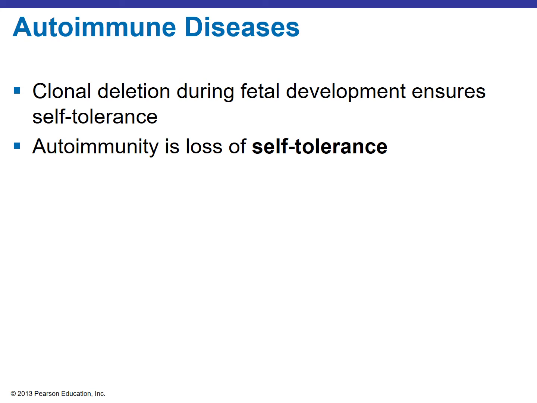Okay, so to ensure that you would have self-tolerance. But when self-tolerance is lost, you can have autoimmunity, and this would cause damage to your own organs. It turns out that 75% of autoimmune diseases affect women, and that women have more autoantibody producing B cells.